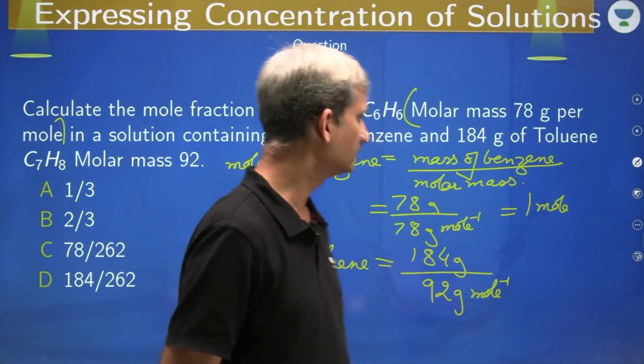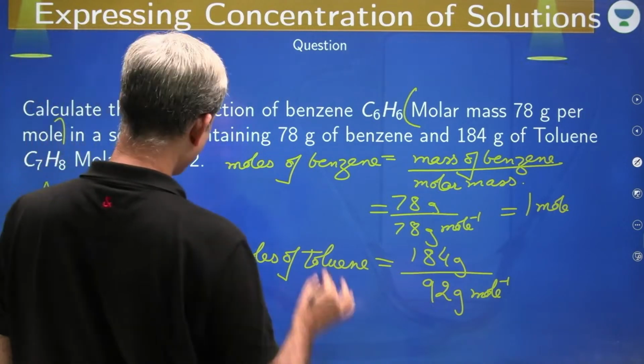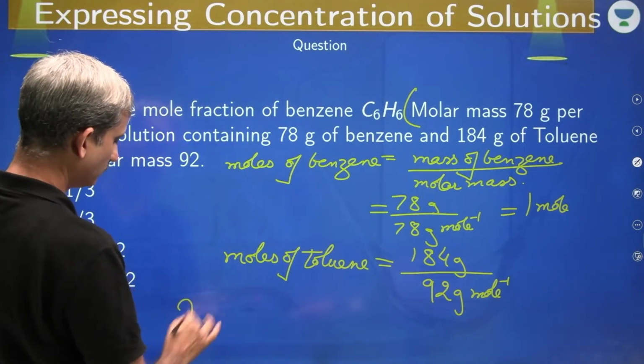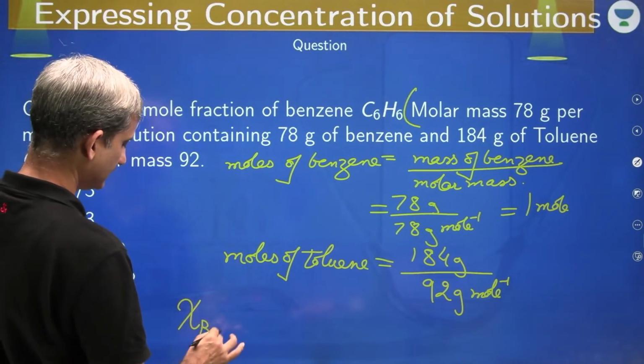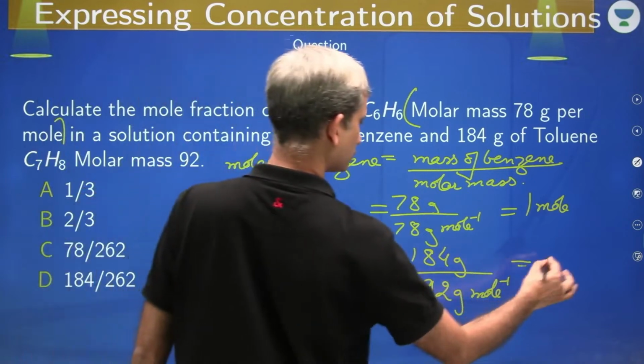What is the formula? Formula is the moles of a component, that is mole fraction of benzene is equal to, now it is coming out to be 2 moles.